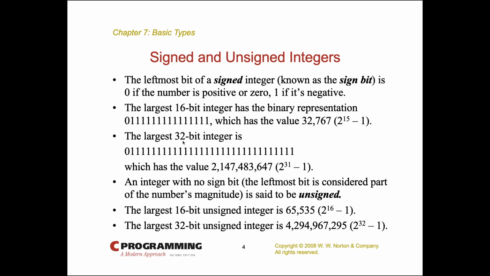For the largest 32-bit integer, the leftmost bit is only 0, but the others are all 1. The value is 2,147,483,647.